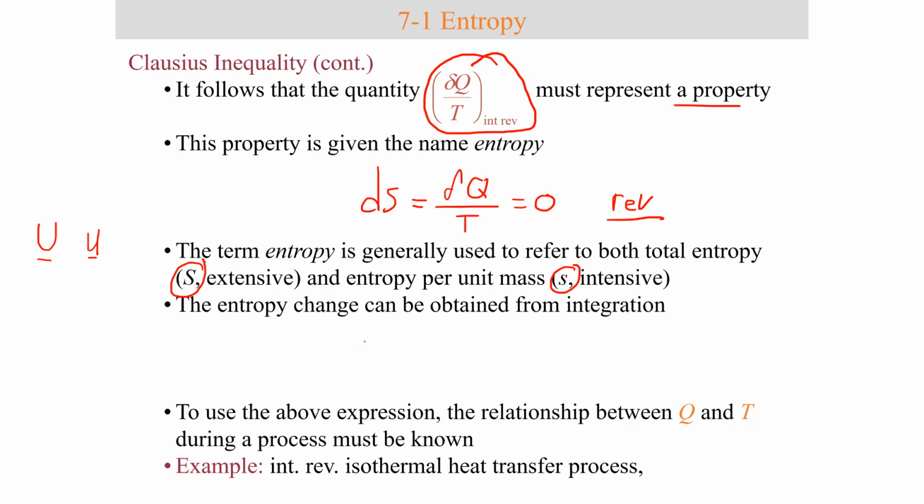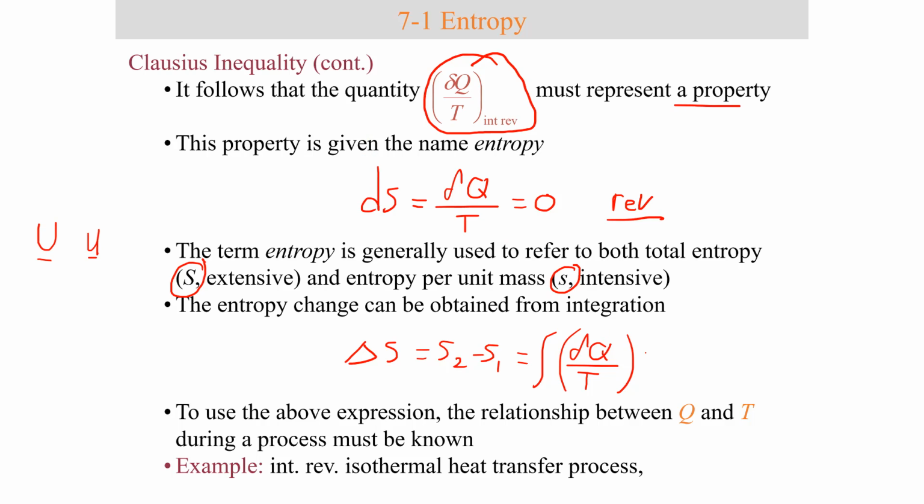It follows that the change in entropy for a process can be found by integrating this quantity. So to use that expression, the relationship between Q and T during a process must be known. For example, for an internally reversible isothermal heat transfer process, you can actually quantify that.